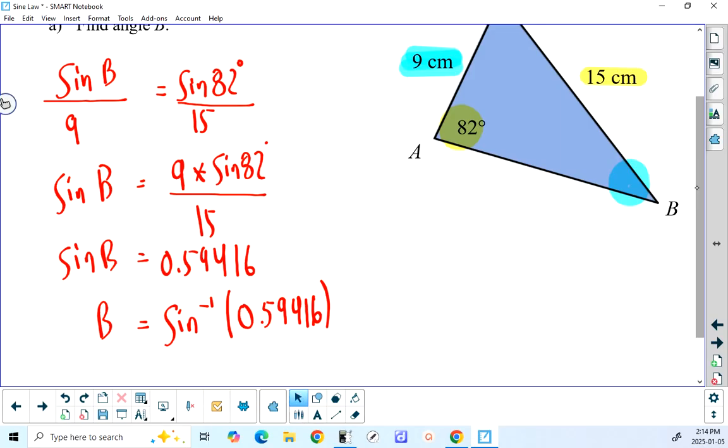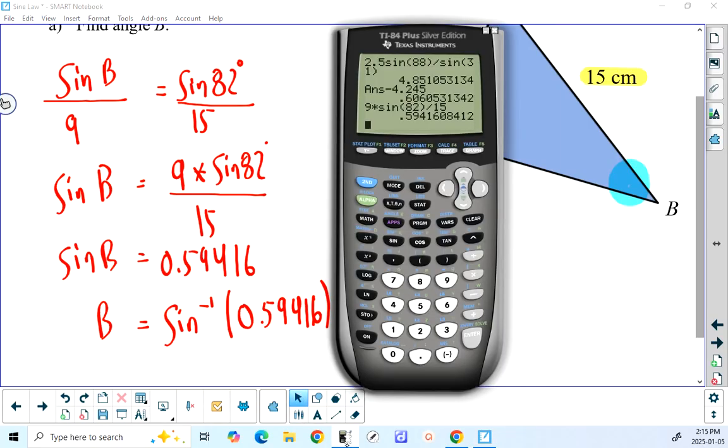On my calculator, I hit the second key, then the sine key, and then I can enter that number, 0.59416. I don't think you really need to go more decimals than that. It will be close enough. And this is the angle in degrees, 36 degrees.